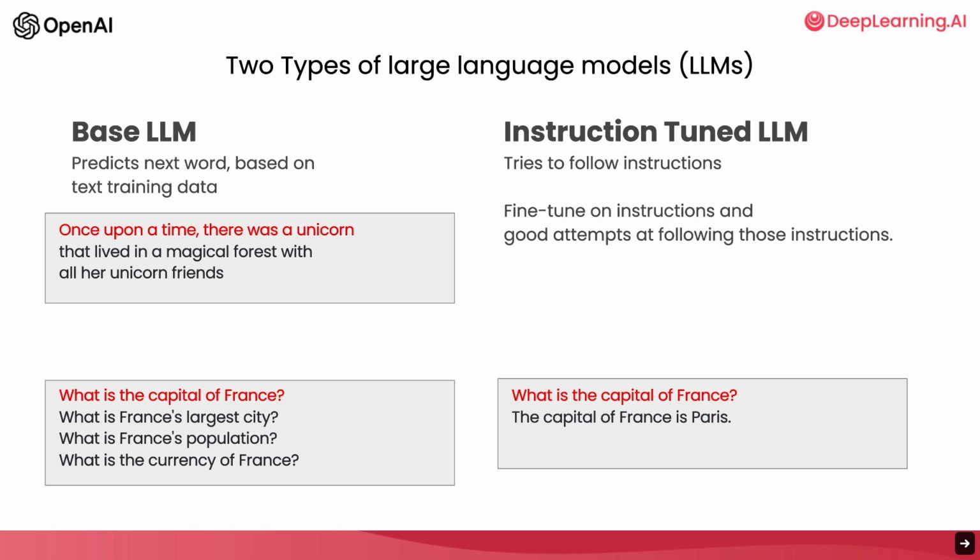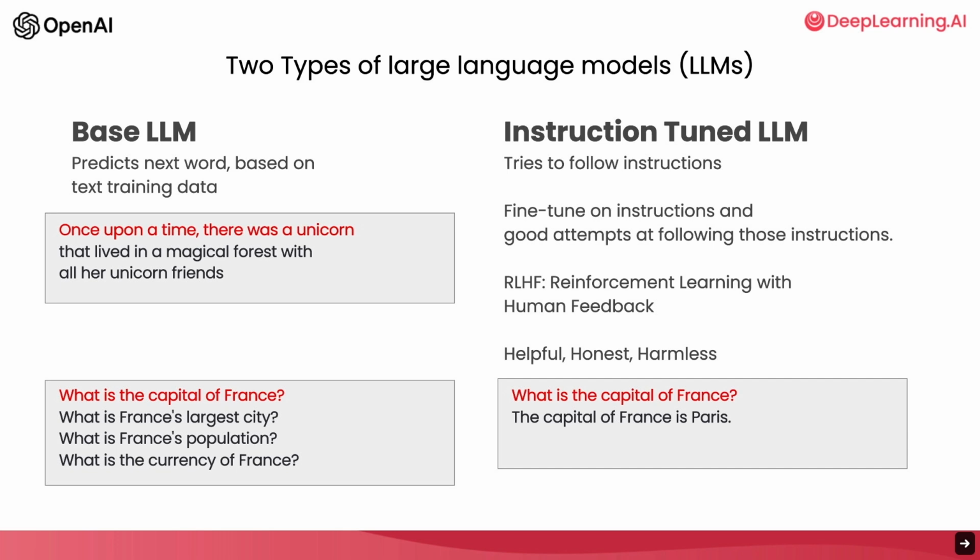The way that instruction-tuned LLMs are typically trained is you start off with a base LLM that's been trained on a huge amount of text data, and further fine-tune it with inputs and outputs that are instructions and good attempts to follow those instructions, and then often further refine using a technique called RLHF, reinforcement learning from human feedback, to make the system better able to be helpful and follow instructions. Because instruction-tuned LLMs have been trained to be helpful, honest, and harmless, they're less likely to output problematic text, such as toxic outputs, compared to a base LLM.